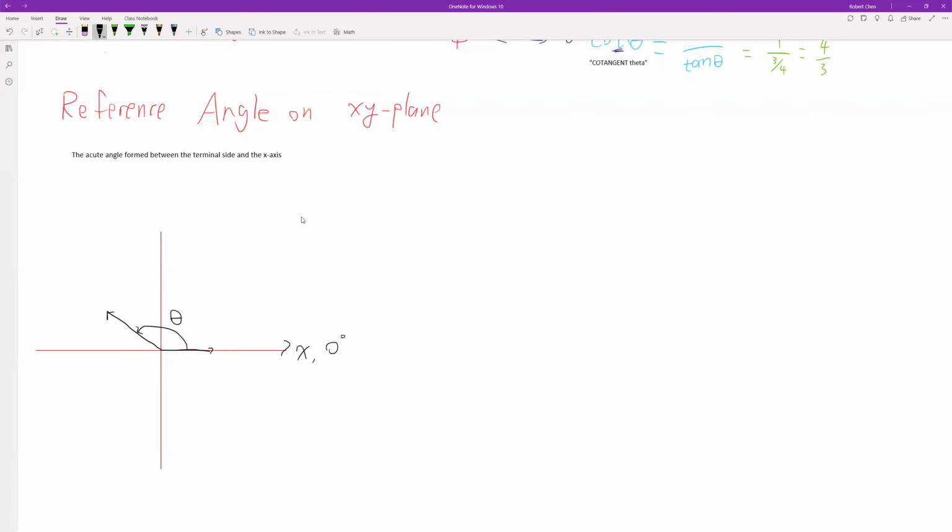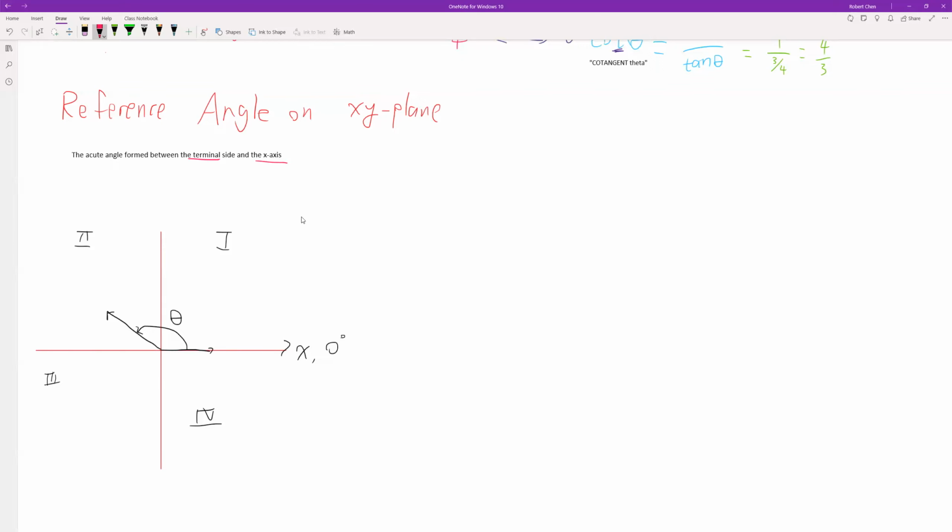Now, in different quadrants, we have quadrant 1, 2, 3, and 4. The reference angle is going to be different every time. So let's look at the definition. The reference angle is the acute angle formed between the terminal side and the x-axis.